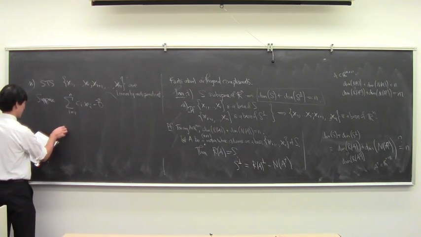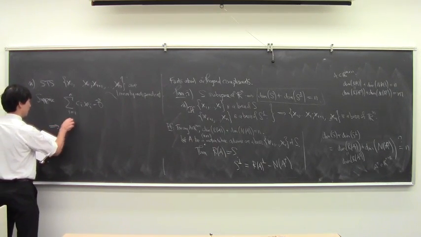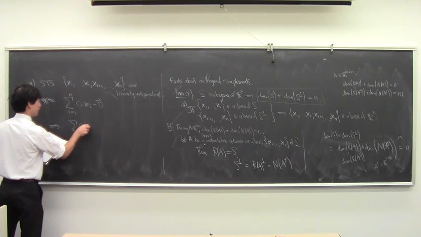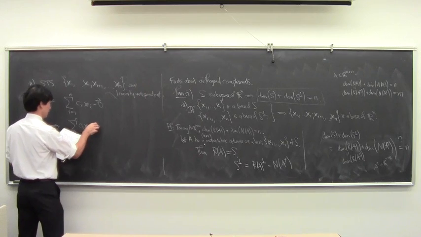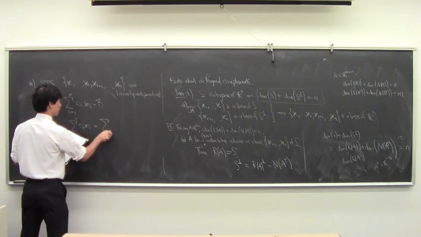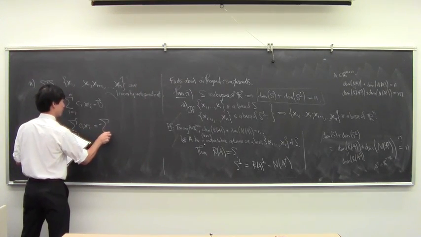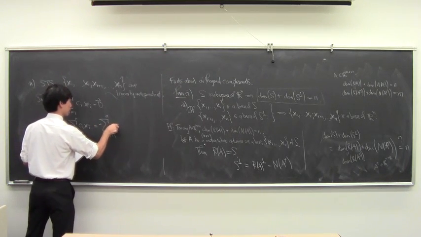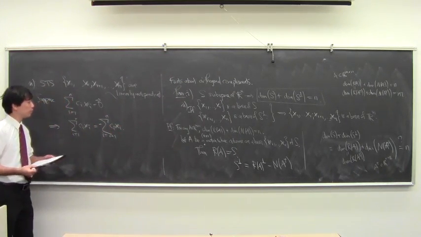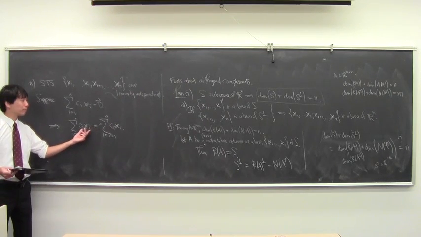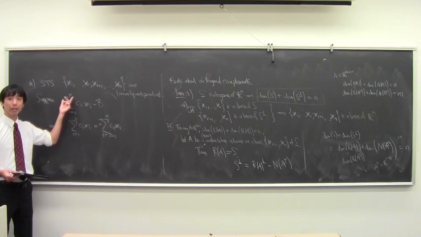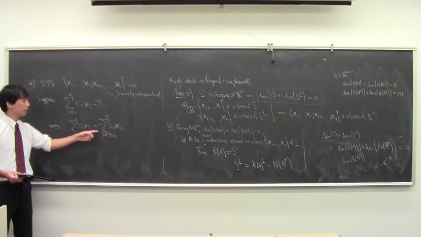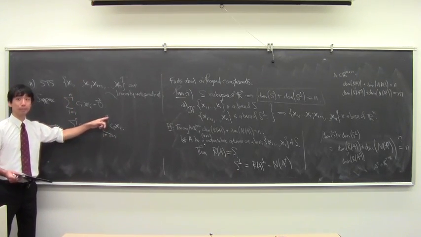Then let's split the sum from 1 to n into two parts, the sum from 1 to r and the sum from r plus 1 to n.